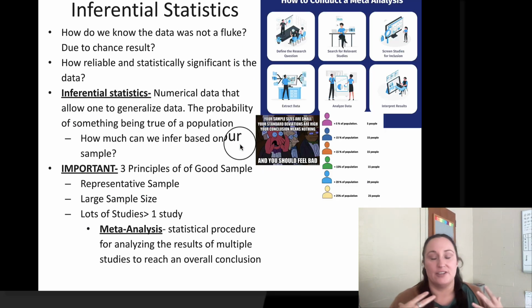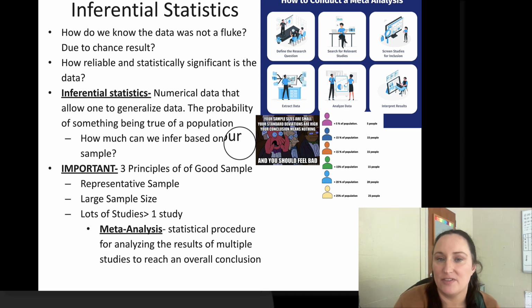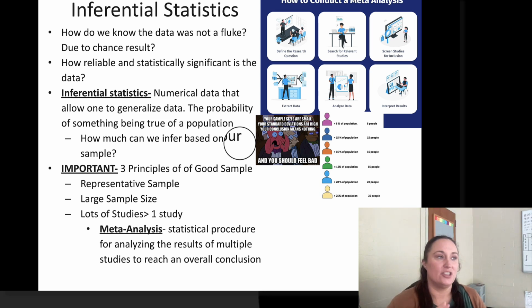So we can describe statistics using those other numbers, how much they vary, what the center of the data looks like. But in inferential statistics, we're looking at, does this data help us draw any useful conclusions? And is it meaningful? So looking at a sample, that means who is in the study.